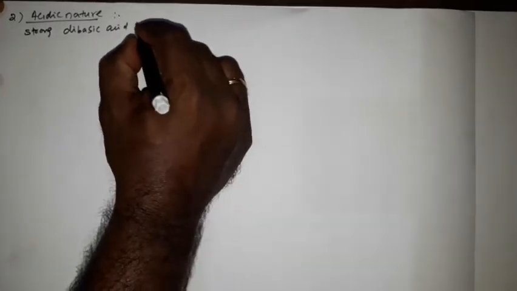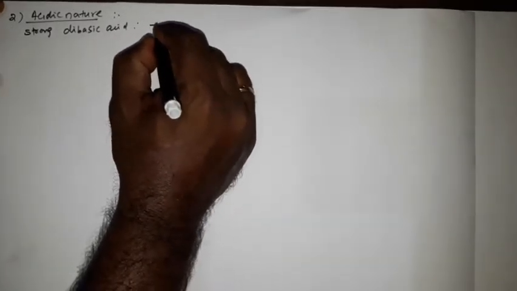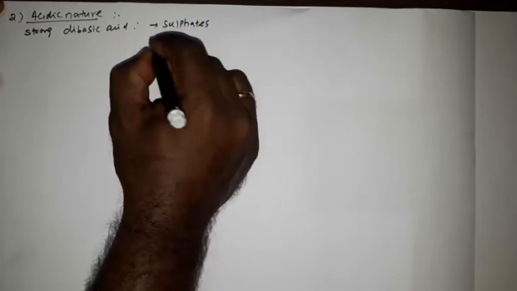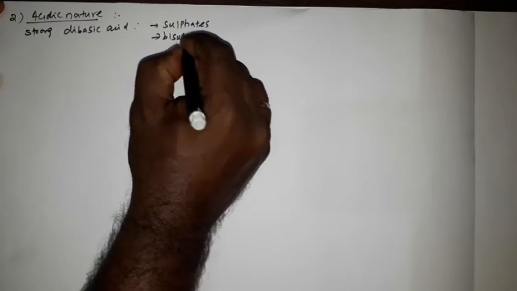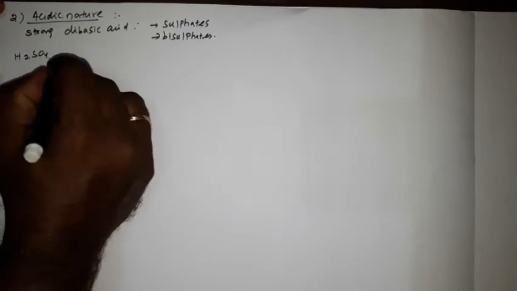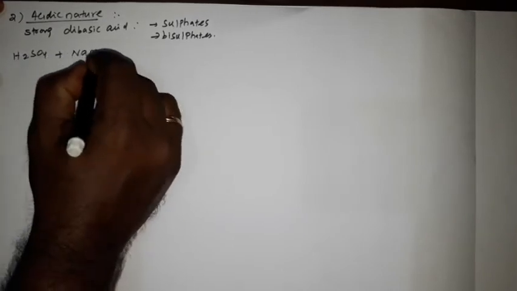Hence it forms two types of salt, namely sulfates and bisulfates. Okay, so see the reaction, H2SO4 plus sodium hydroxide, the base.